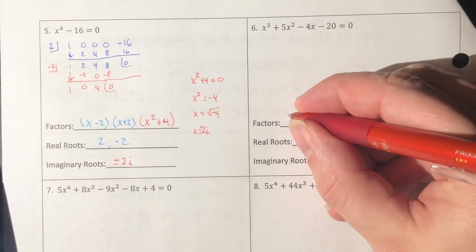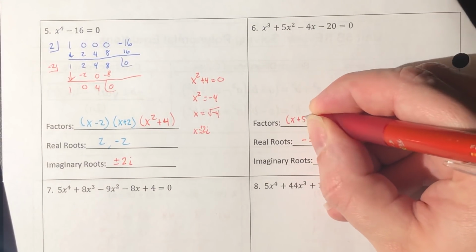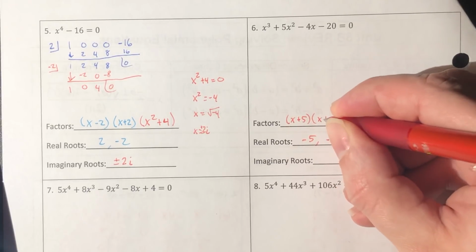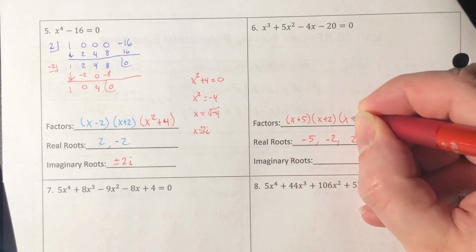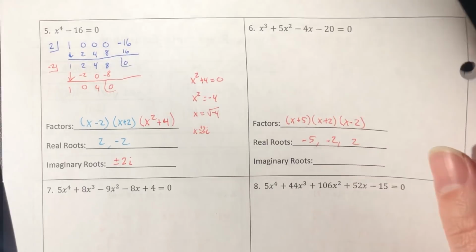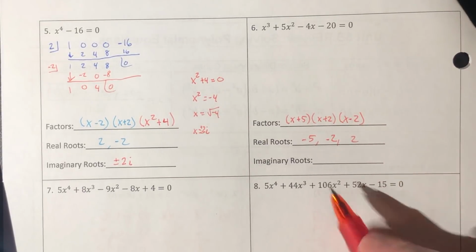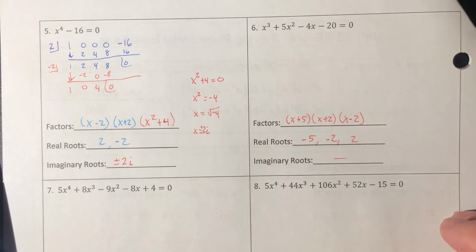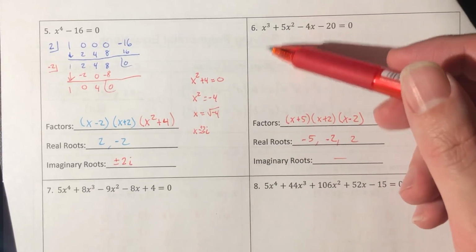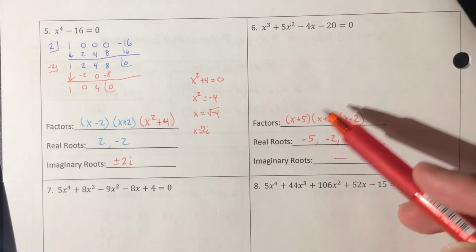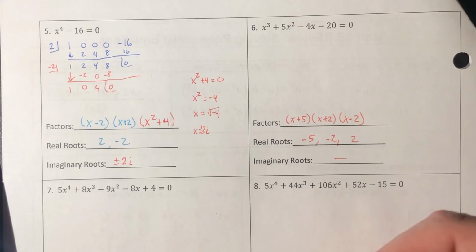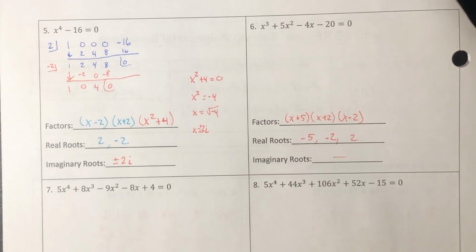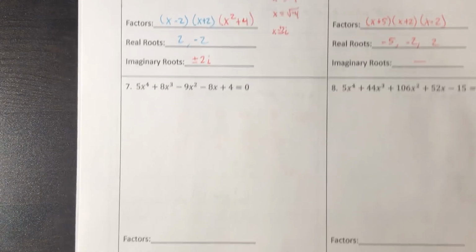So my factors then are going to be x plus 5, x plus 2, and x minus 2. But I'm not going to have any imaginary roots. This one I didn't need to do the synthetic division because I was able to find all of those roots in the calculator.